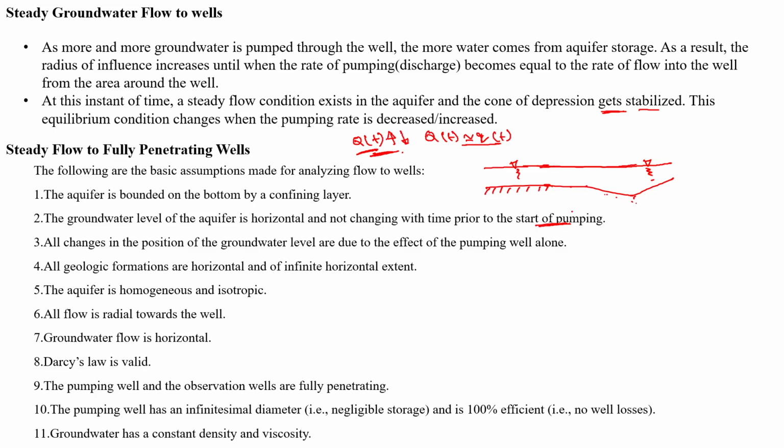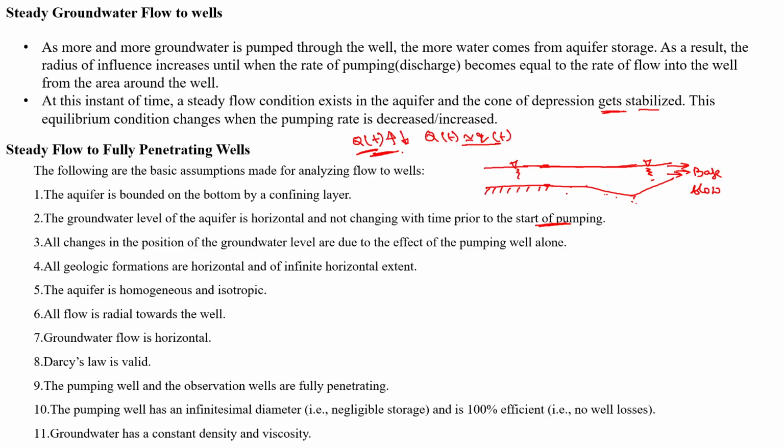This is not practically possible because sometimes there will be base flow, and water will move out of the aquifer with it, but that amount going as base flow will be negligible. So this assumption is fairly accurate, and all the changes in the position of the groundwater level are due to the effect of the pumping well only.